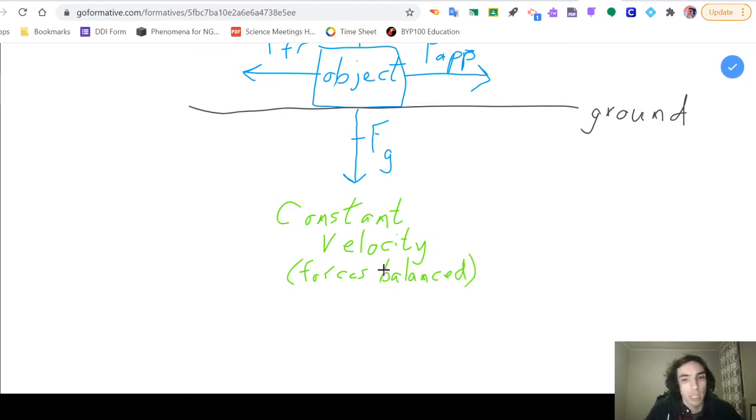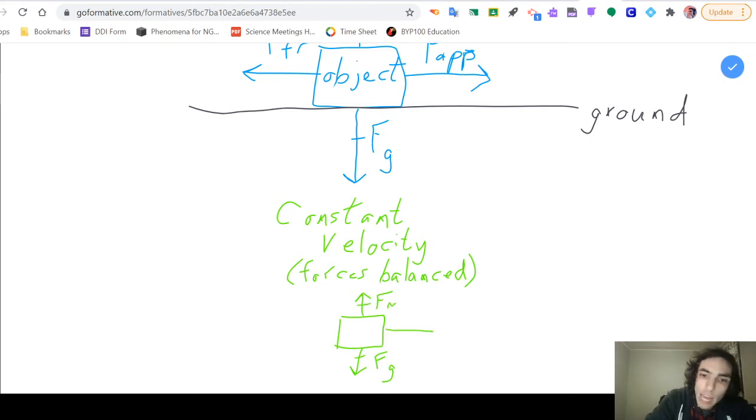If something is moving at constant velocity, the forces must be balanced. This is actually an application of Newton's first law, which I'll talk about in another video. But that means that not only do we have our gravity and normal force balancing each other out, but we would have this applied force and friction force also balancing each other out.